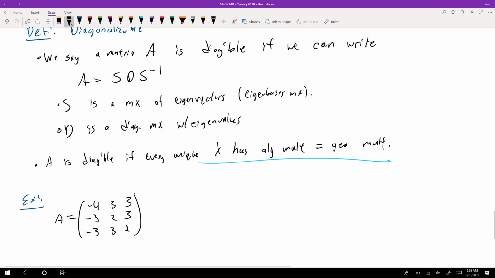Step one is always find the eigenvalues and eigenvectors. From here on out, if you see a square matrix and you have no idea what to do in the problem, find the eigenvalues and eigenvectors. You're probably doing the right thing. So find the eigen stuff. And step two is write it in SDS inverse form, if possible.